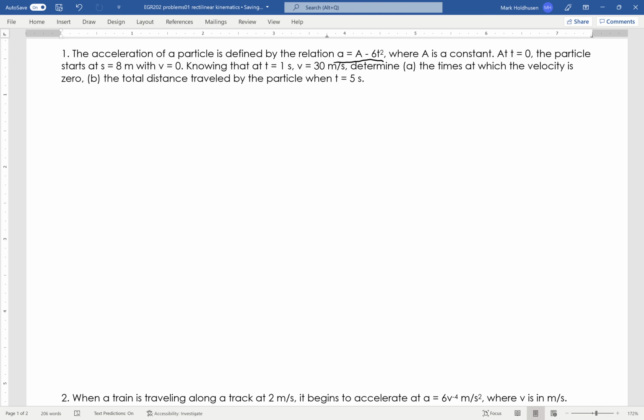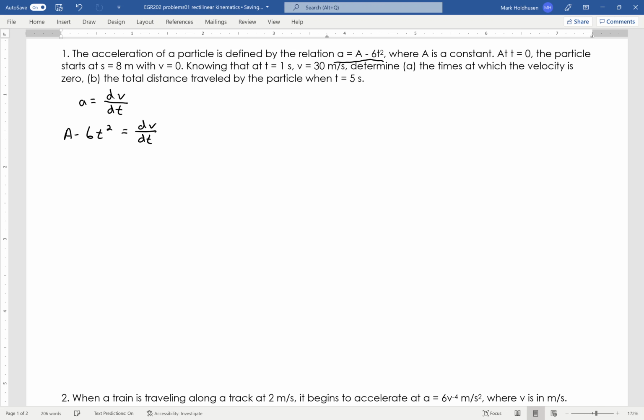So I'm given an acceleration equation in terms of time. I want to go to velocity, therefore I'm going to use the kinematic equation a equals dv/dt, where the acceleration is A minus 6t squared, equals dv/dt.